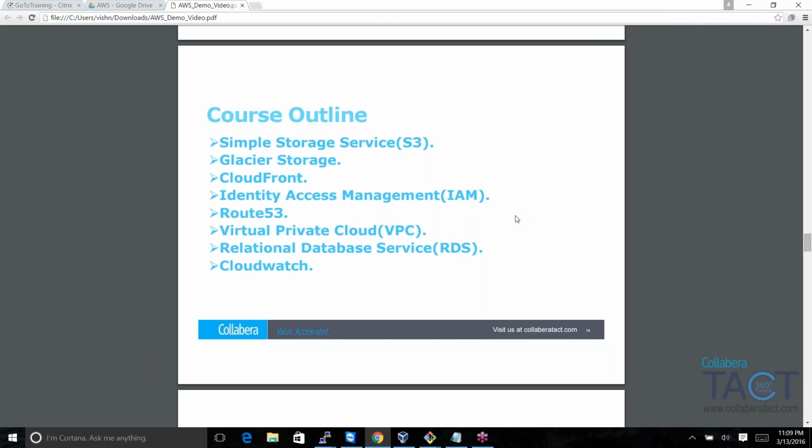Then we're going to talk about a compute service called Elastic Compute Cloud, EC2. You would have heard about it. Then a storage service called EBS storage. Then a very important and very interesting service called autoscaling. All right, any questions?